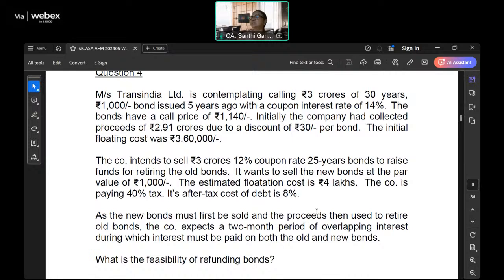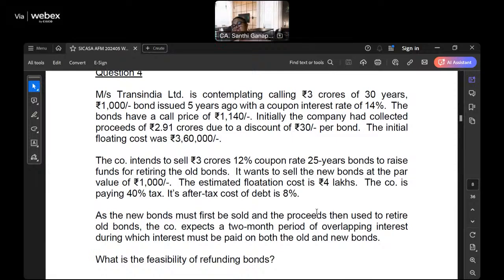That is, the interest rate on new bonds is 12%, after adjusting for tax or even flotation cost, I should take 7.3%. Now, why we are taking 8% means the new bonds, the problem is silent whether they are callable or not. So what do we infer?